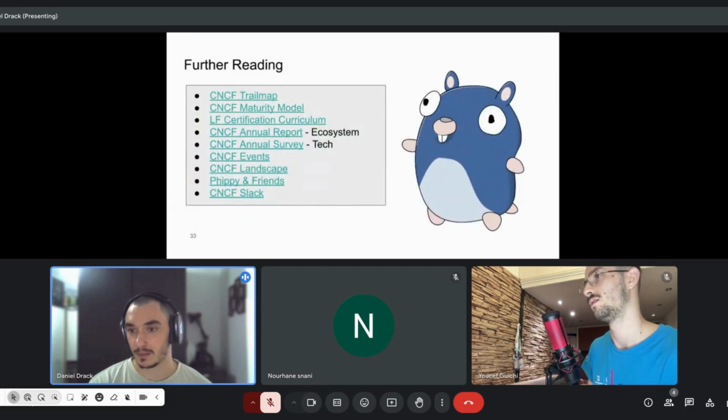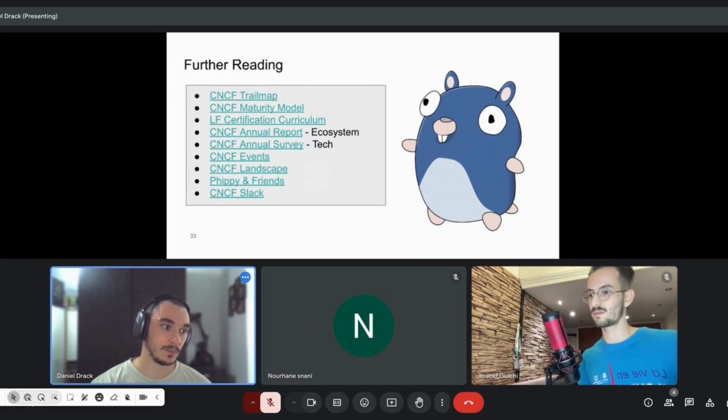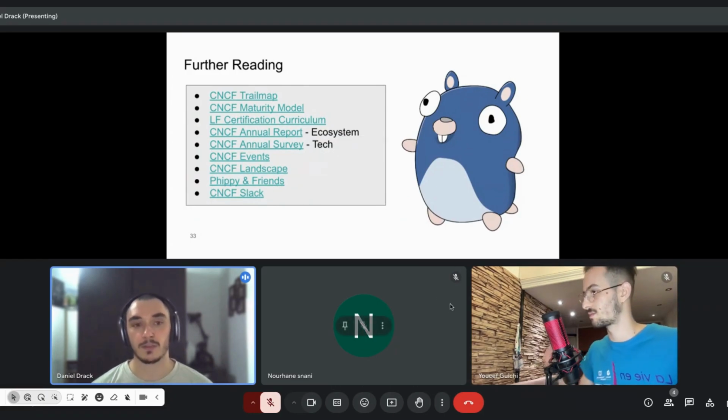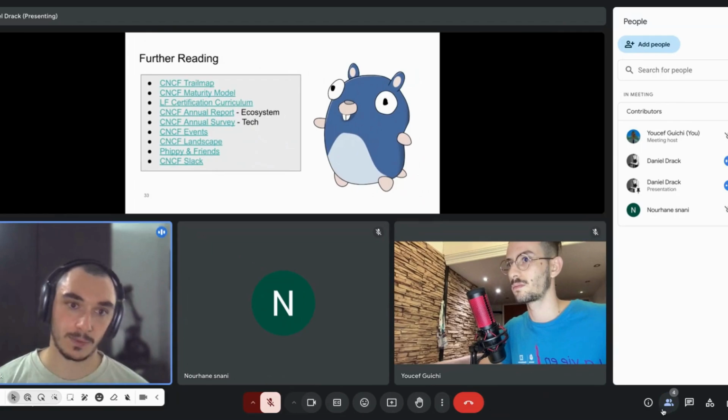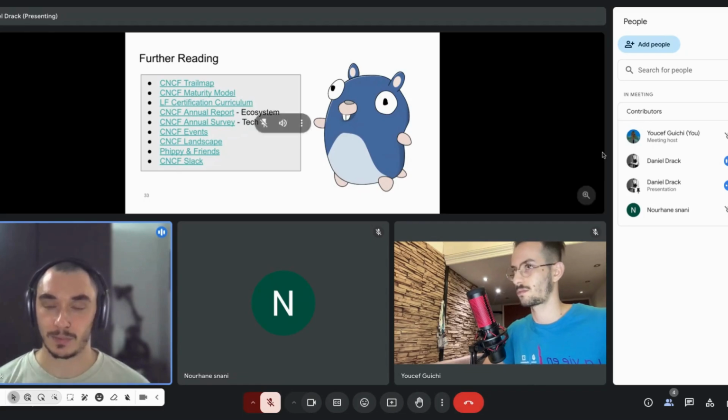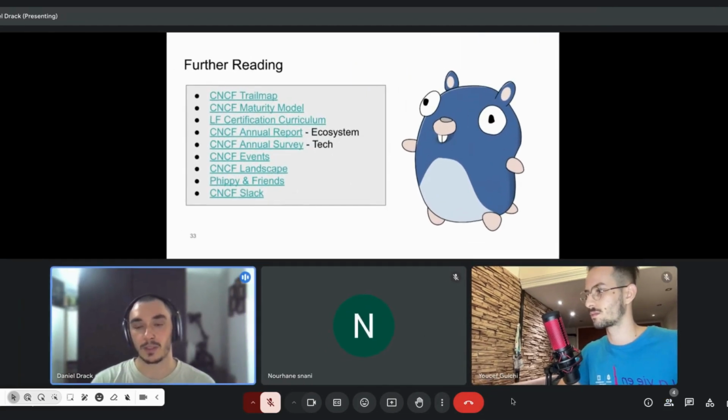All right, and with that, we're pretty much done. I put some links together for you for further reading. What I talked about on the previous slide was actually called the CNCF trail map. That's a nice representation of how you get going as an organization from a technical point of view.